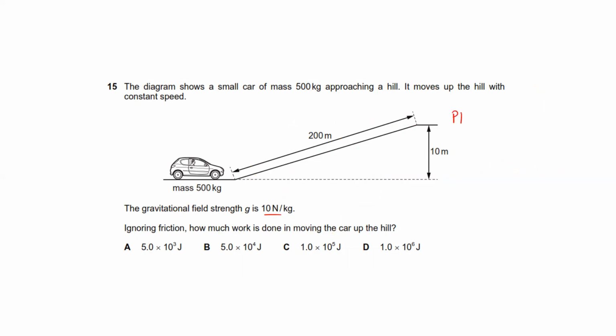So that is the potential energy. Potential energy is mass times gravity times height, which is 500 multiplied by 10 multiplied by height of 10 meters, so 50,000 joules or 50 kilojoules.